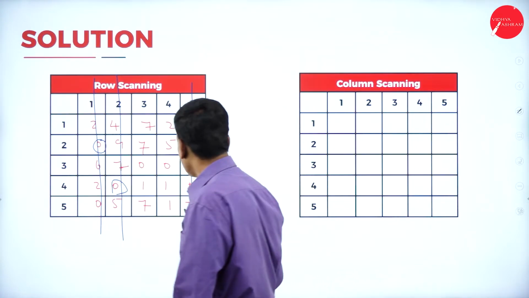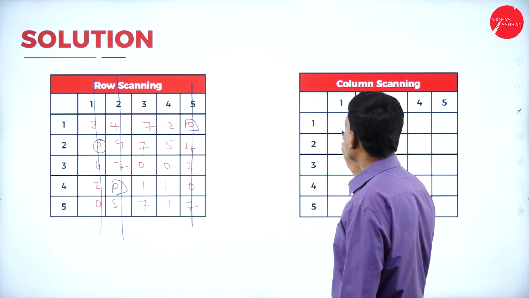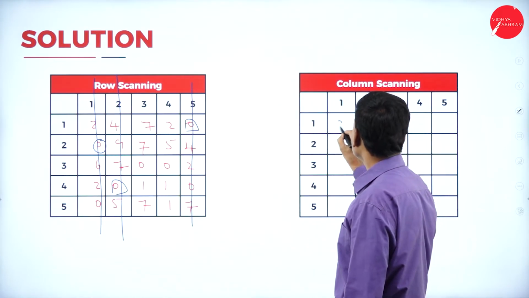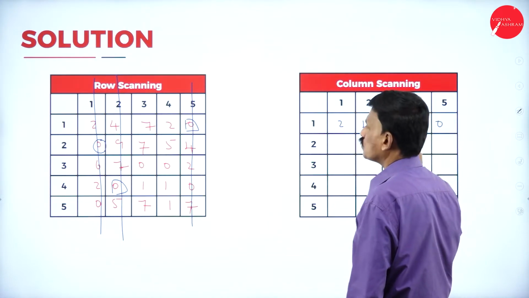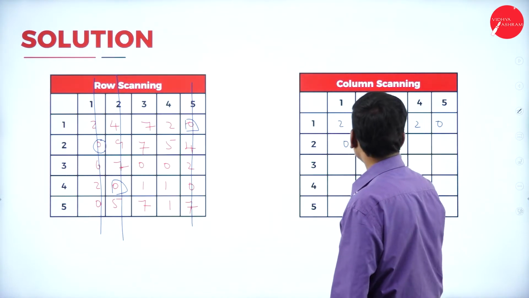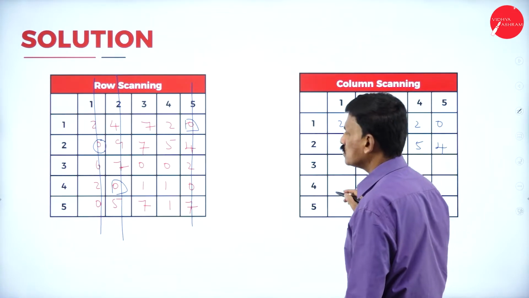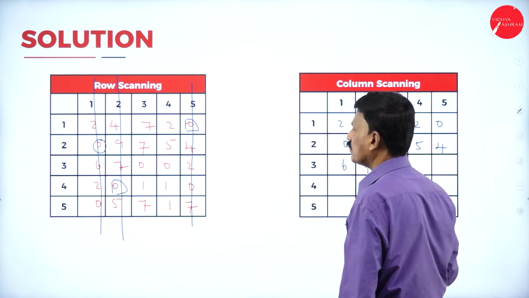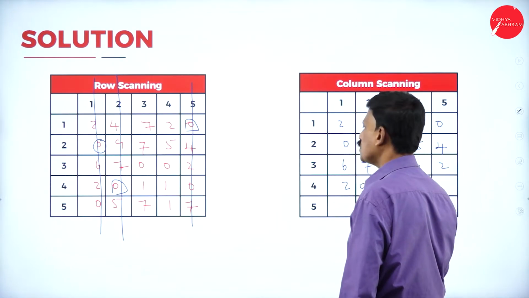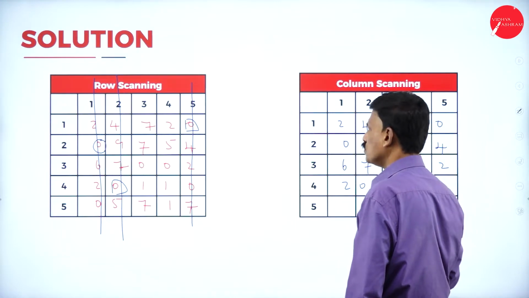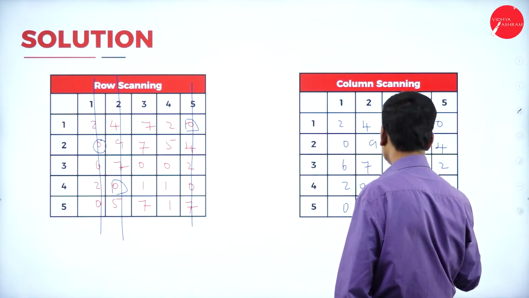Now, come to the column scanning. The same thing I will write here: 2, 4, 7, 2, 0, 0, 9, 7, 5, 4, 6, 7, 0, 0, 2, 2, 0, 1, 1, 0, 0, 5, 7, 1, 7.